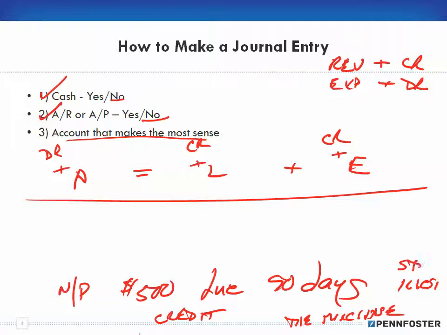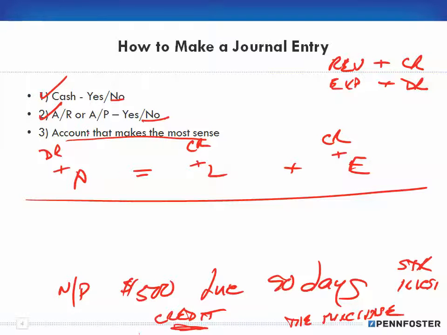Maybe a stock investment or something. I don't know. So you ask yourself the question, does this affect cash? No, because you're getting a credit, you're not getting the cash. Does this affect accounts receivable or accounts payable? No, because you're getting a note payable and it's giving you a credit.